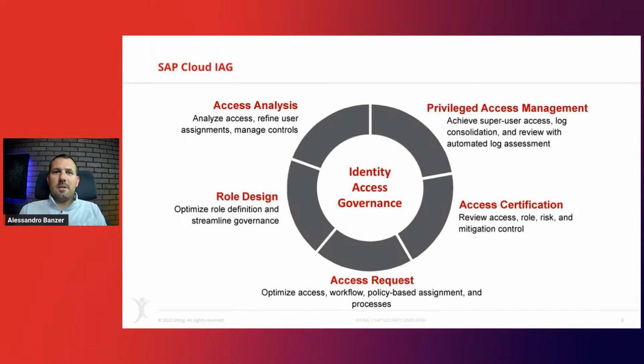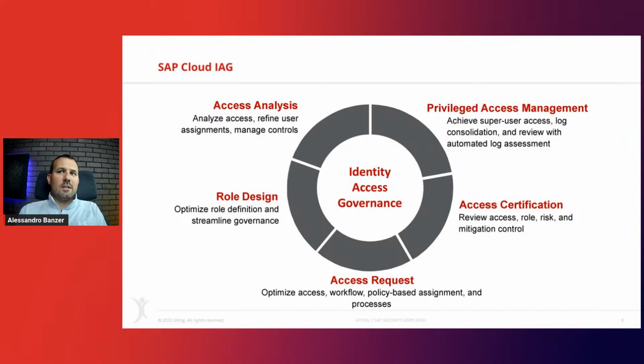We have them here, from access analysis, which is risk analysis, SOD management, mitigating controls. We have role design, where we create business roles, technical roles, and so on. We have the access request, which is more like the core module when it comes to workflows, requesting access, HR triggers, and so on.